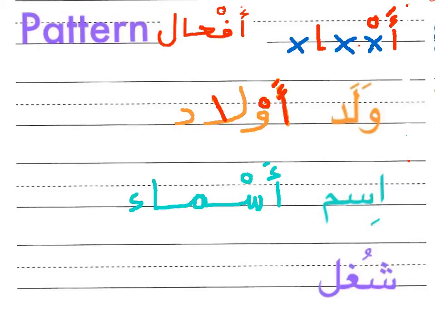As you can see, because the alif is actually at the end of the root, you get a hamza at the end as well, instead of an alif. Hamza replaces an alif in أفعال. Same goes for شغل, أشغال.